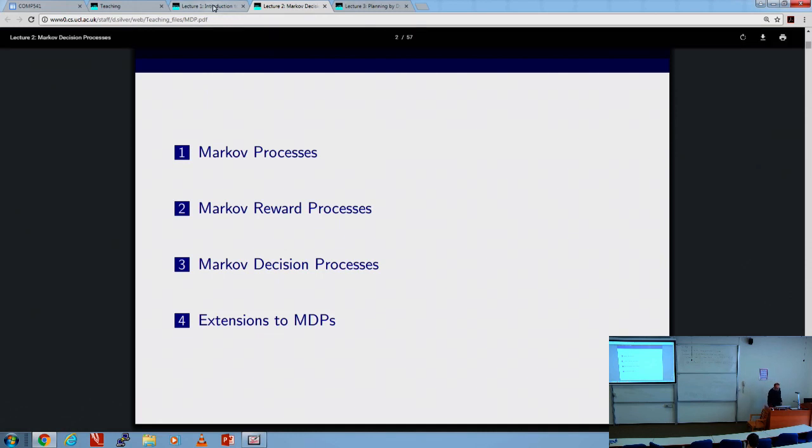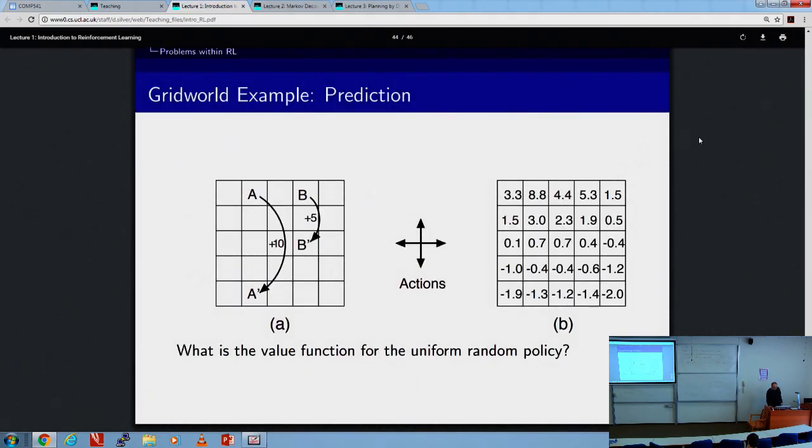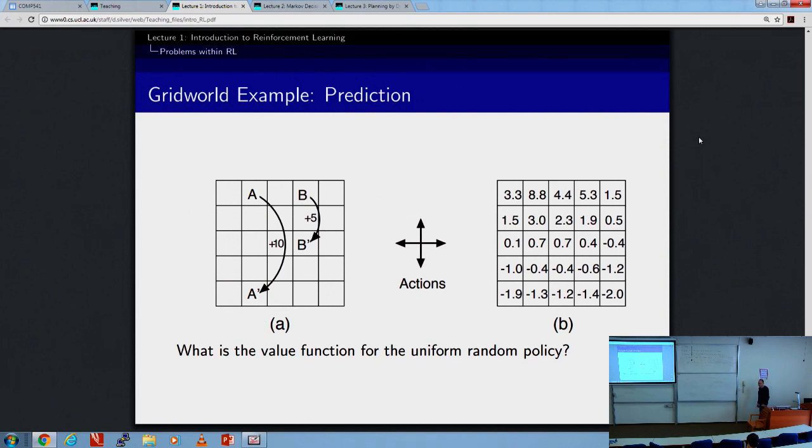And in fact, we saw simple examples like this where we have a grid world, there's a finite number of states, and we ask questions like what is the value function for a uniformly random policy, for a randomly moving agent. And in this grid world, every move gives you -1, with two exceptions.